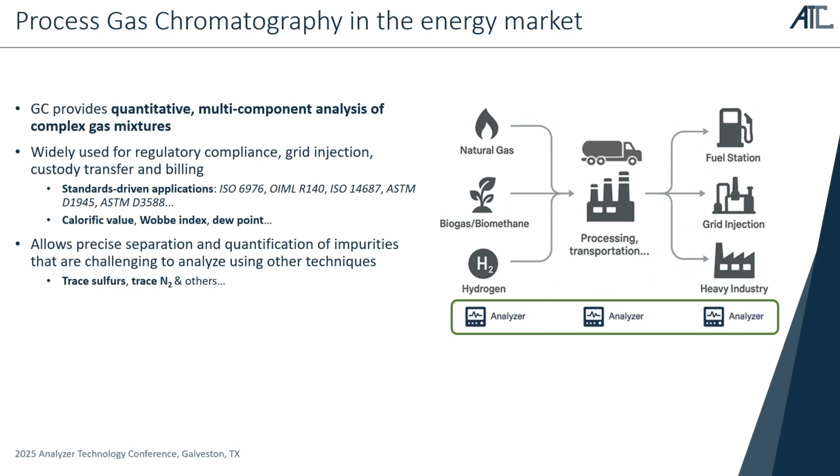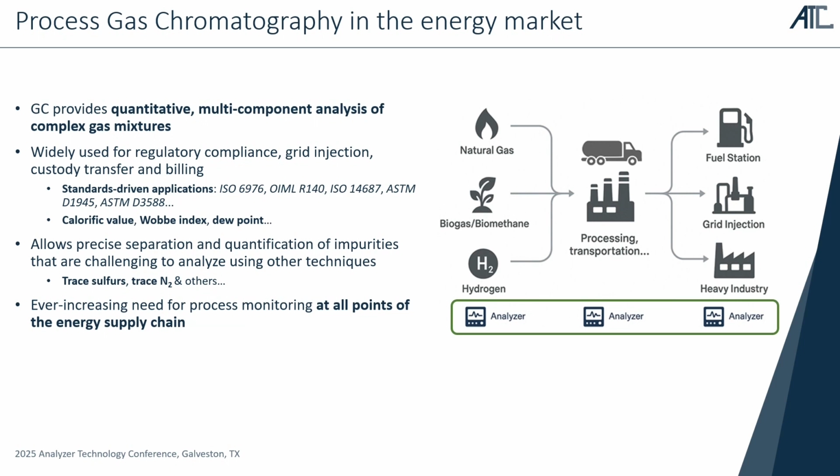So really, sometimes you don't really have a choice, and you need GC in order to answer the metrological needs of some applications. And it's present at every point of the energy chain, from production to transport and distribution.